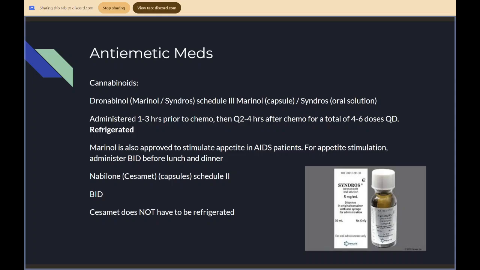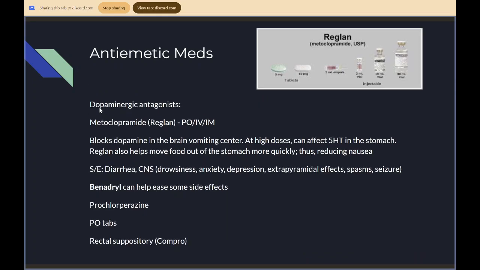That is the exact mechanism of action. So, nabilone is Schedule 2. It's BID, but does not have to be refrigerated.